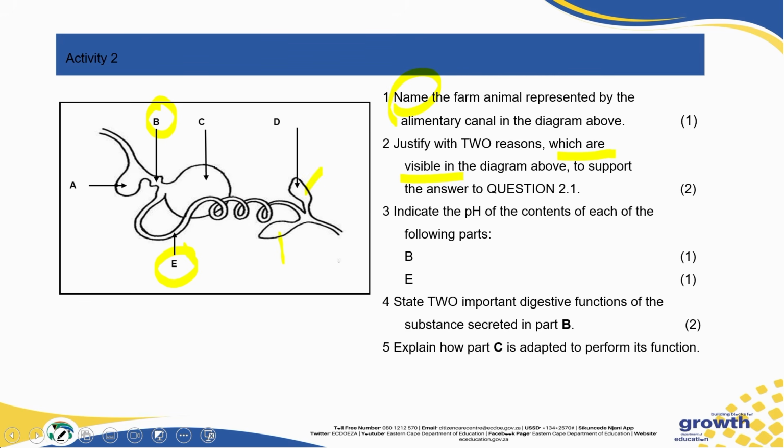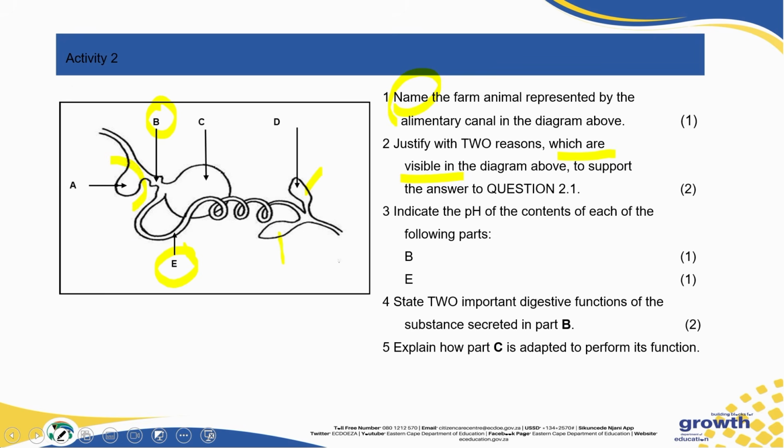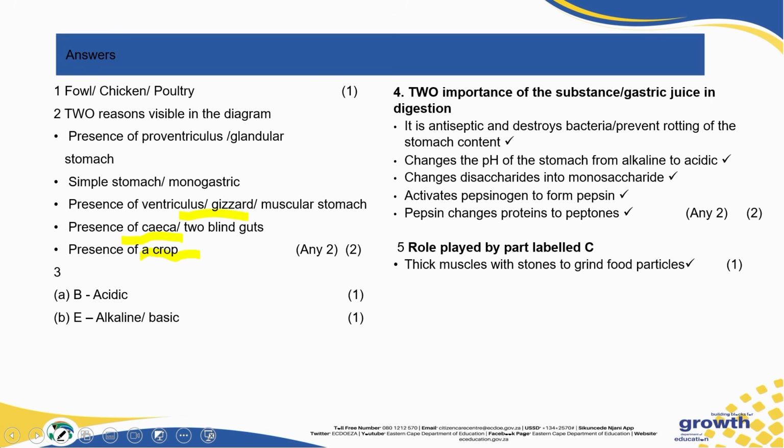It shows that it is a fowl. And the presence of a crop. This part is a crop. So it gives you full marks because we have indicated the presence of ceca, the presence of a crop, and also the presence of the ventriculus.